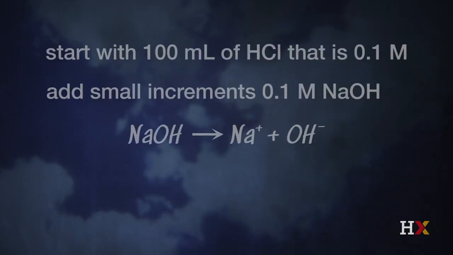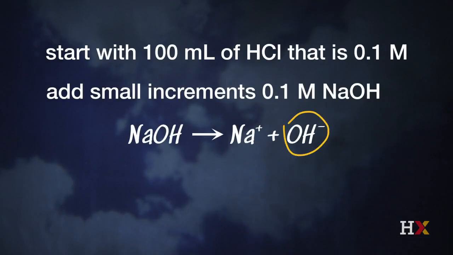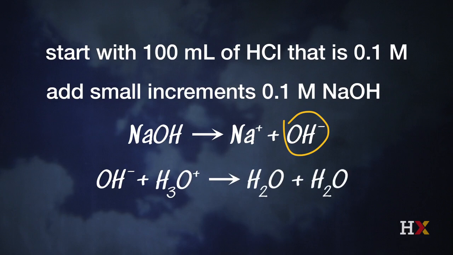And we're going to recognize that the OH minus that comes out of the dissociation of sodium hydroxide is going to react, releasing Gibbs free energy, with H3O plus to form water. And that reaction of OH minus with H3O plus is so potent in its release of Gibbs free energy that the reaction goes to completion.